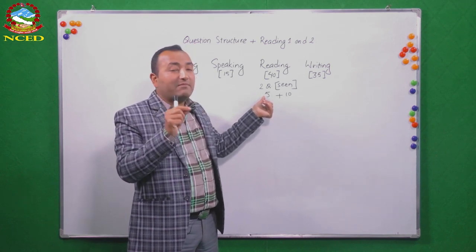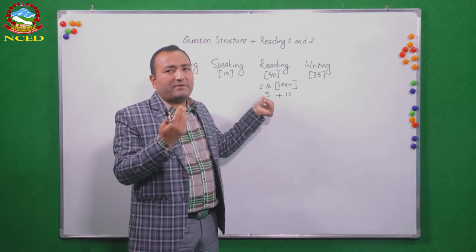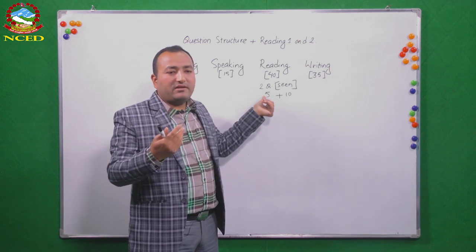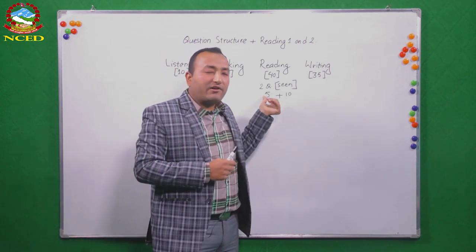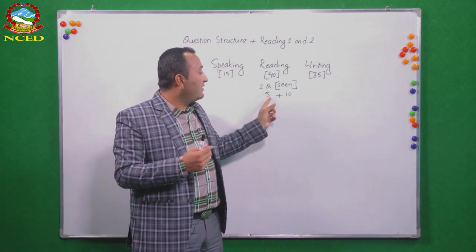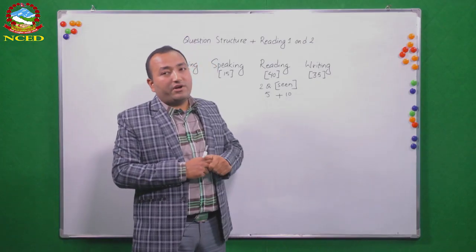And remember, this 5 marks passage will be approximately 100 words, maybe sometimes slightly more than 100 or maybe less than 100. Then the second question will be around 200 words.